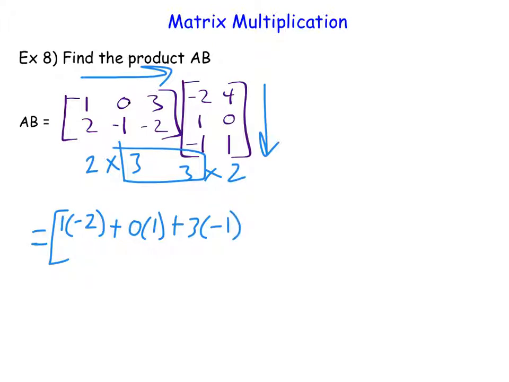I would have to number crunch that, and I would have the first entry. That single number would be row 1, column 1. Okay? So now go down to row 2 in the first one, but again, stick with column 1. Okay? -2, 1, and 1.